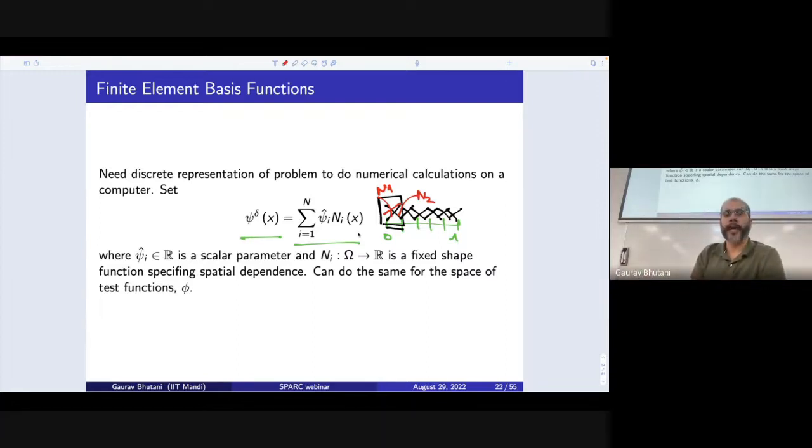And to get a general function, we say we have lots of n's, which are called basis functions or shape functions, and we have some amount of contribution of each. Now this amount of contribution of each basis function is a variable. So now we can get any function as a collection of these.